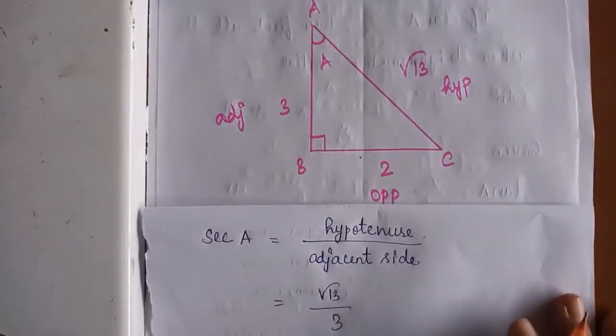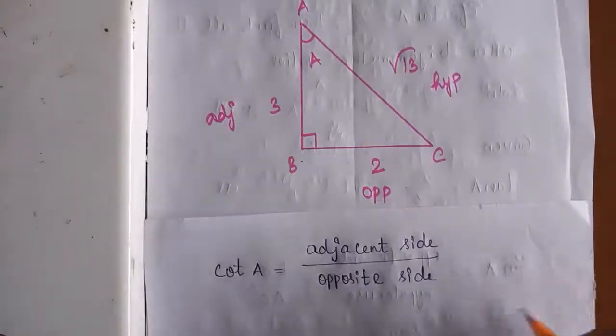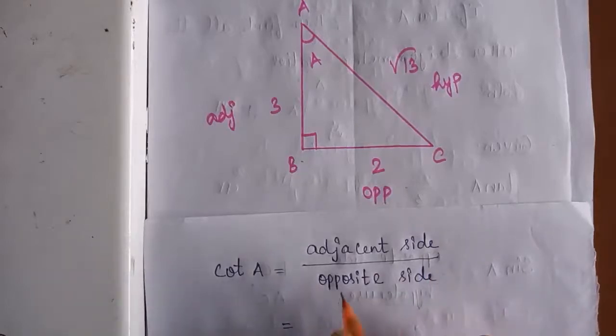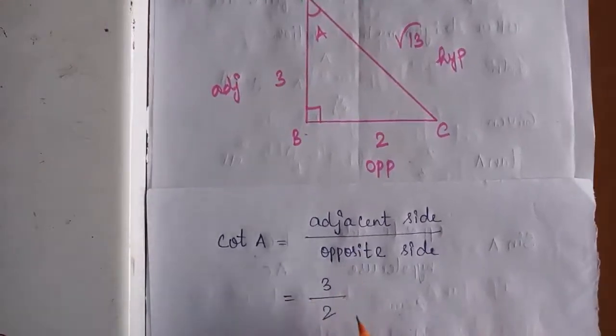So secant A is equal to root 13 by 3. Cot A is equal to adjacent side by opposite side, which is equal to adjacent side is 3 divided by opposite side is 2. Therefore, cot A is equal to 3 by 2.